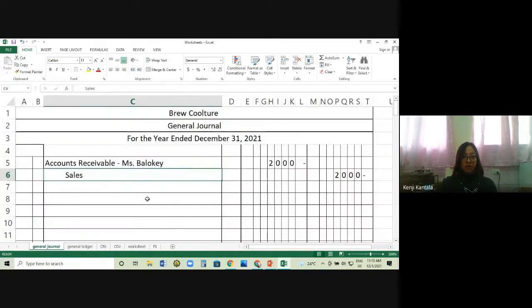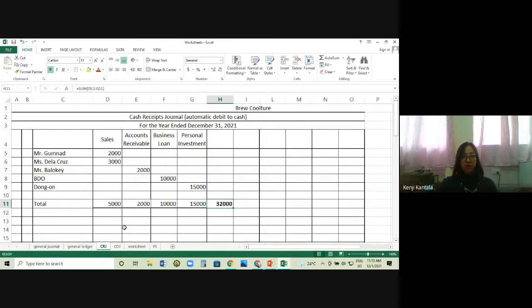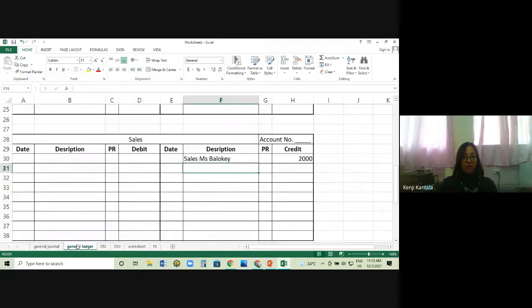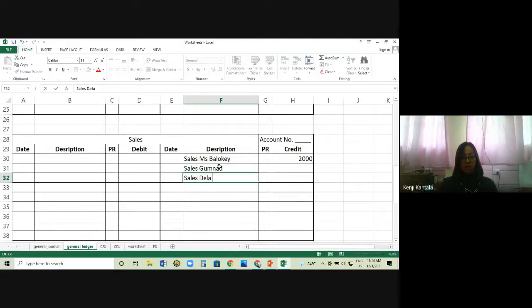Okay. So, since na-record na natin lahat nung nasa General Journal, we go back to our Cash Receipts Journal. Meron tayong sales dito. We have 2. So, we have Mr. Gumnad and Miss De La Cruz at 2,000 and 3,000 respectively. So, we have sales, Gumnad, sales, De La Cruz, 2,000, 3,000.